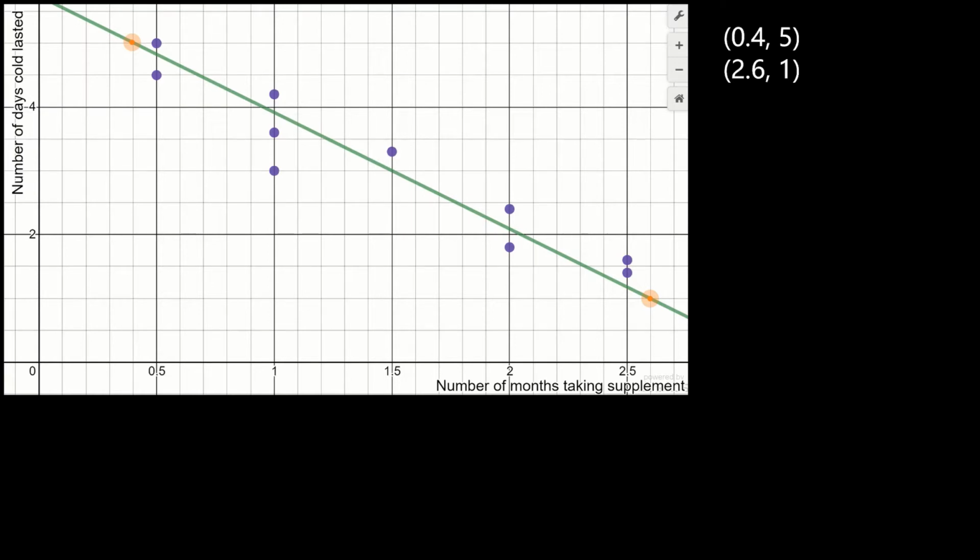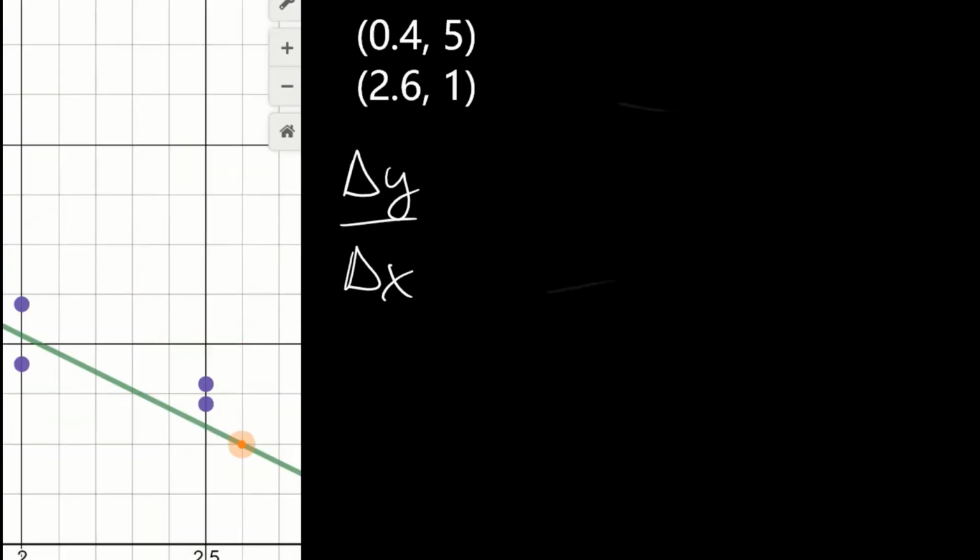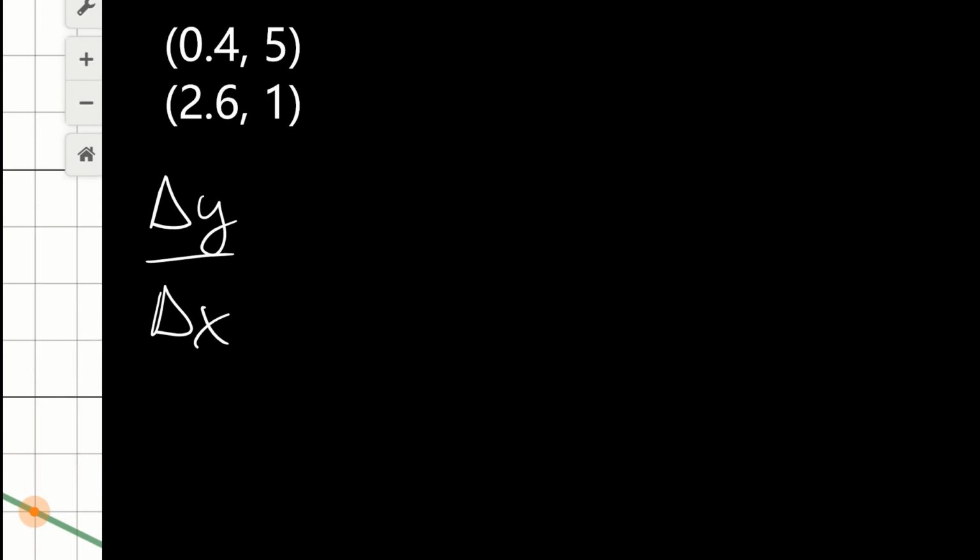The first thing I need to do to figure out the equation of this model is calculate the slope. I always remind myself that the slope is how much y changes divided by how much x changes. For this particular problem, I'm going to write 5 minus 1 for my change in y. You can see this is where the y's are, and it changed 5 minus 1.